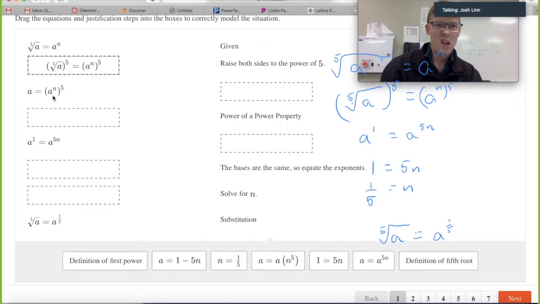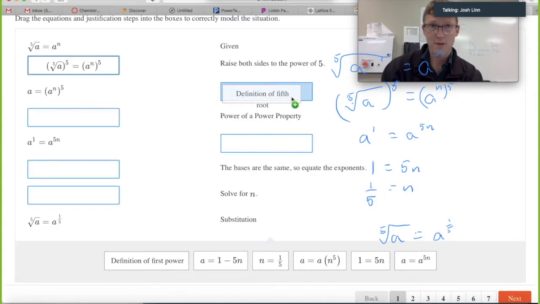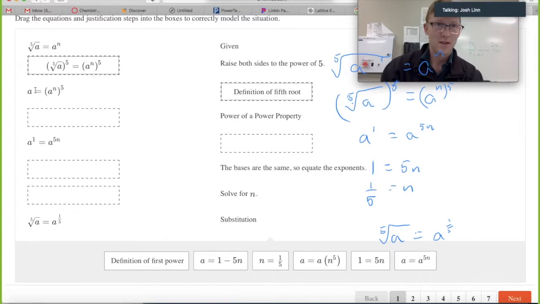Then we go with the definition of fifth root, because that's the reason the fifth root raised to the fifth power cancels out. And then they use the power of a power property, changing that to just a to the 5n.